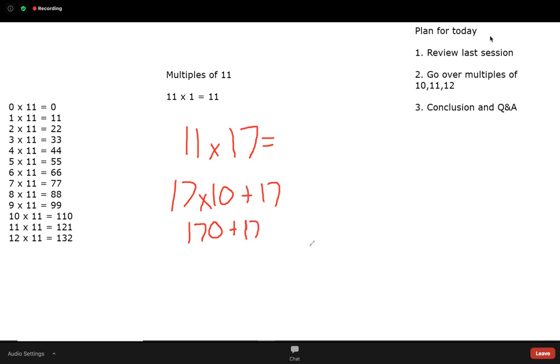Maybe I'll write this vertically because it's a little easier to add for you guys. 170 plus 17: 0 plus 7 is 7. 7 plus 1 is 8. And 1 plus nothing, you just drag down that 1, giving you 187.